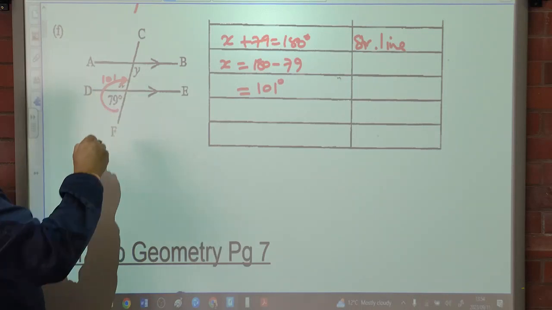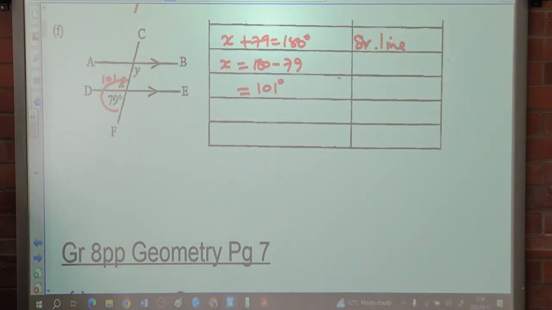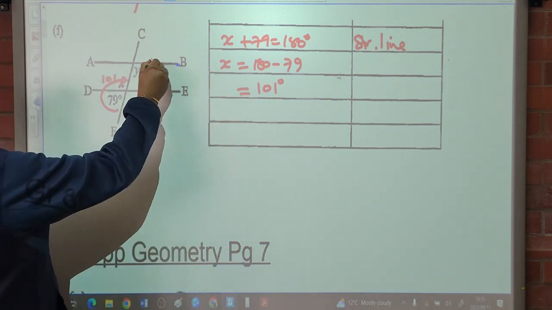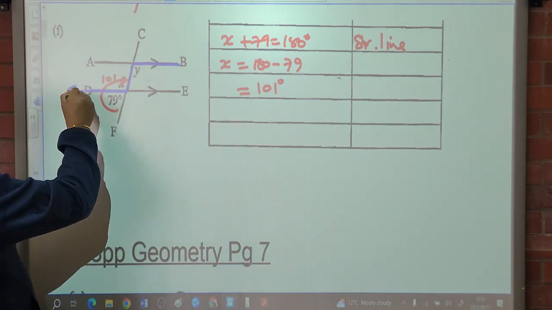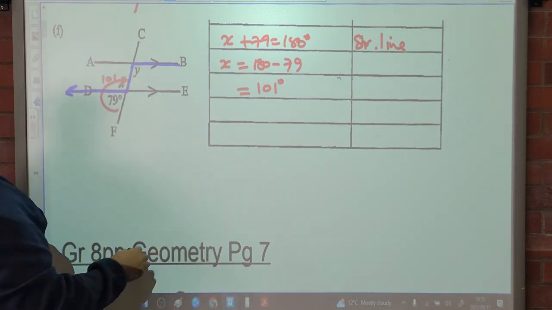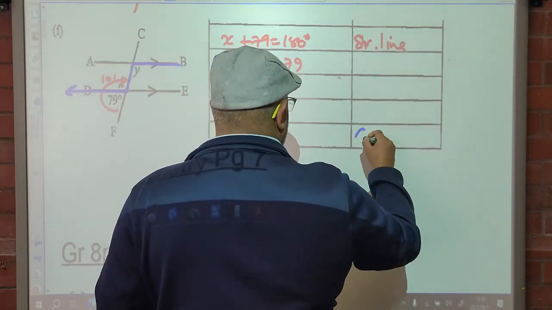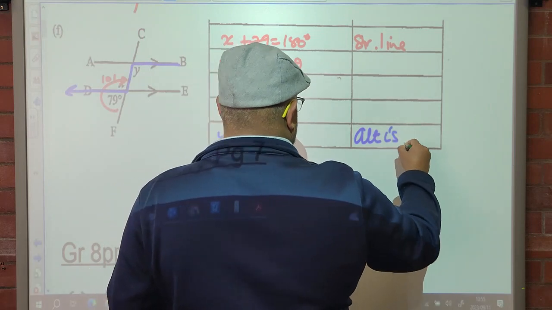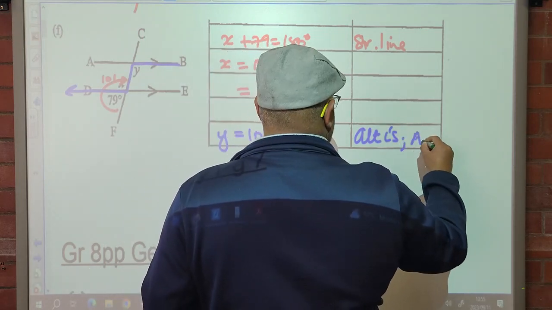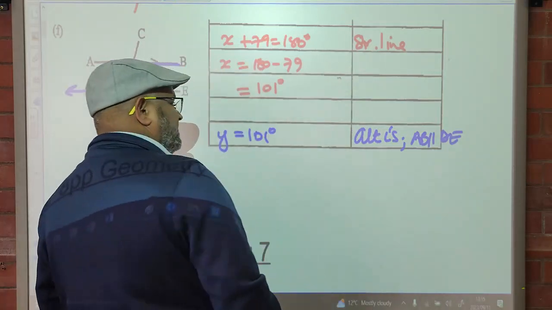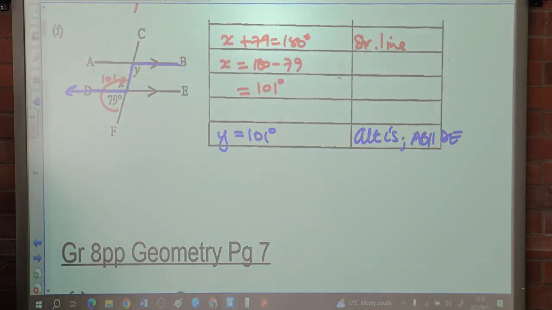So x is 101. Now what? Now we can go with the fact that that's alternate angles. So y is equal to 101 degrees. Why? Alternate angles with AB being parallel to the other line.